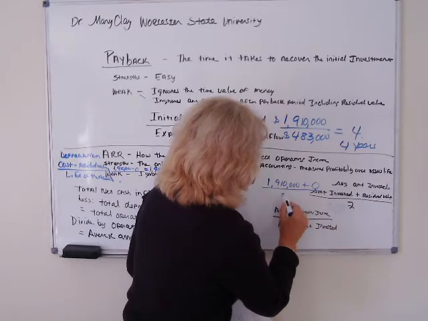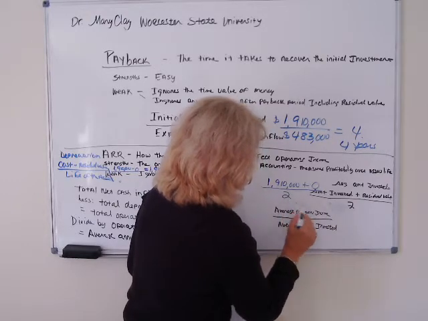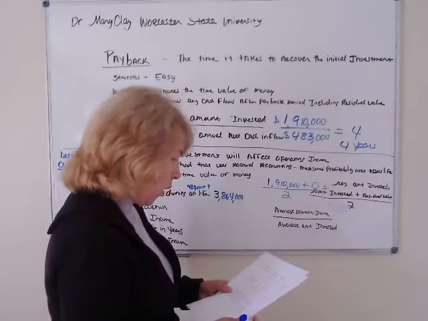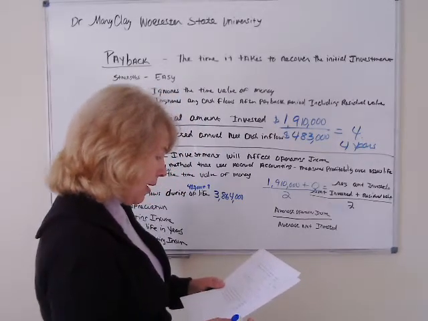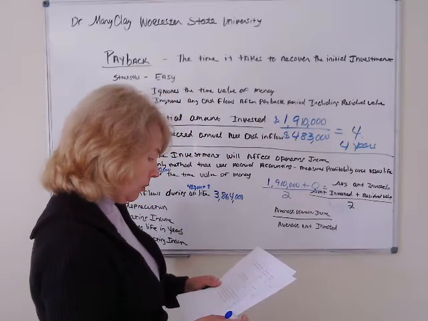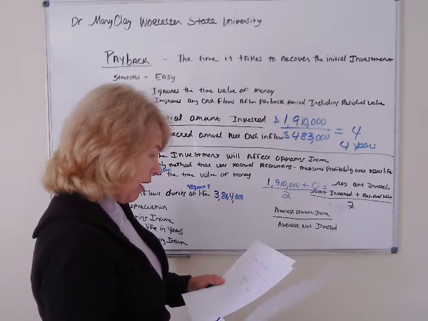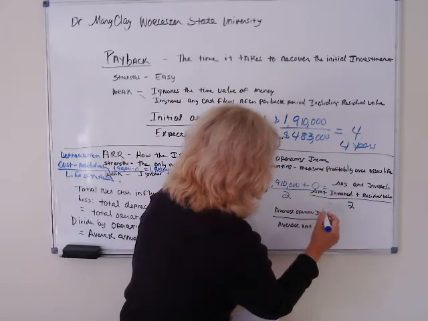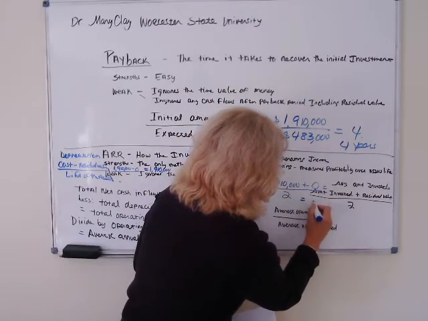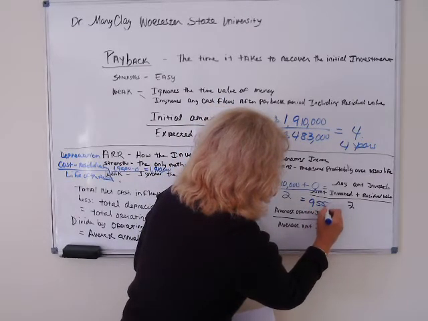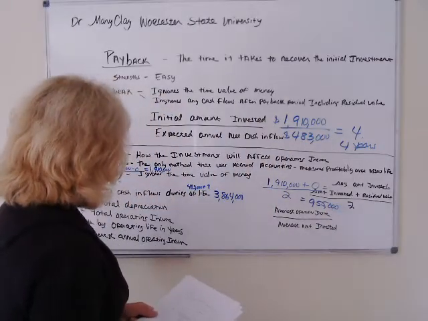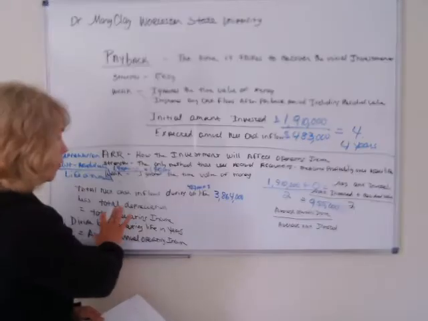Then we're going to get that answer and divide it by 2 because we're trying to get the average amount. So we take 1,910,000 minus 0, plus 0, and divide that by 2, and that gives us 955,000.